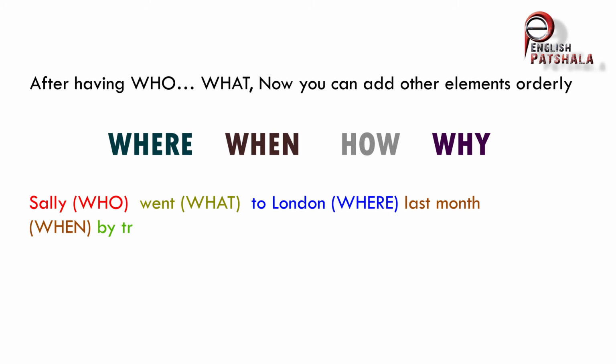Sally went to London last month by train to visit her friend. Here, Sally who, what, went, where to London, when last month, how by train, why to visit her friend.